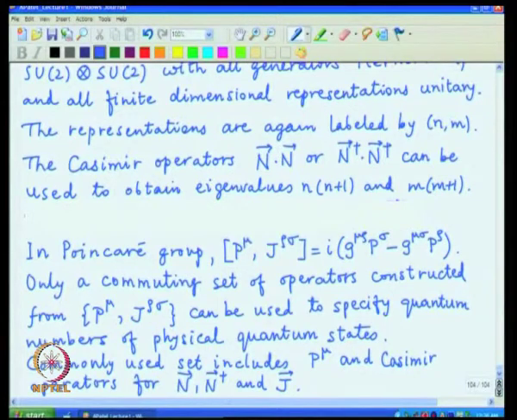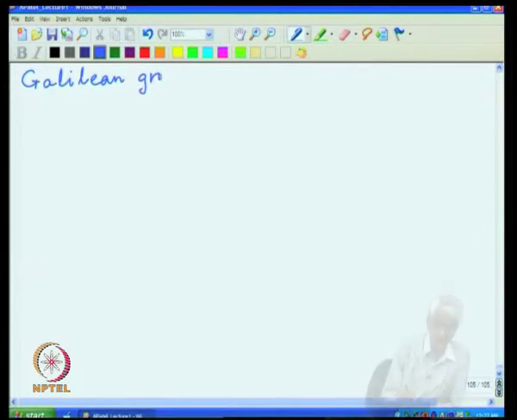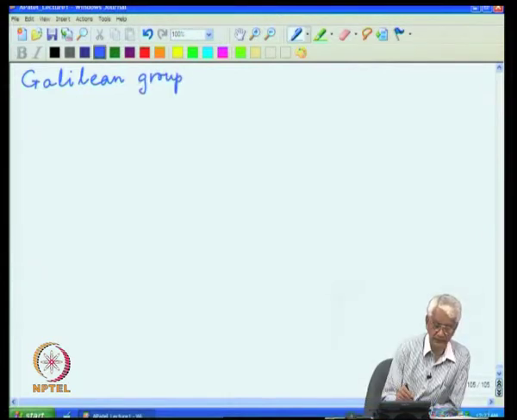That we will do shortly in a next lecture, but right now I want to digress to another interesting limit which can be constructed from the same Lorentz algebra, and that is the algebra of the non-relativistic quantum mechanics, which is also commonly called the Galilean group.